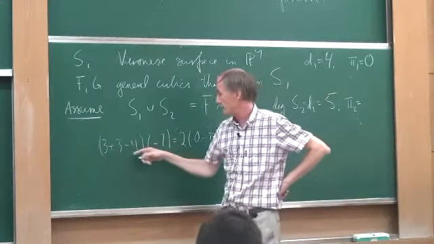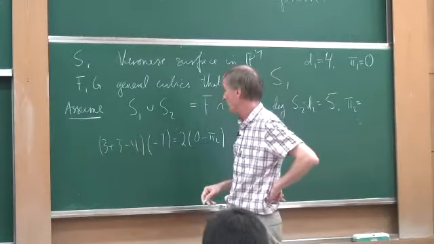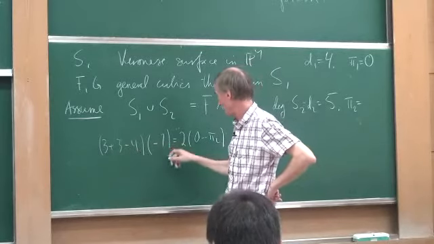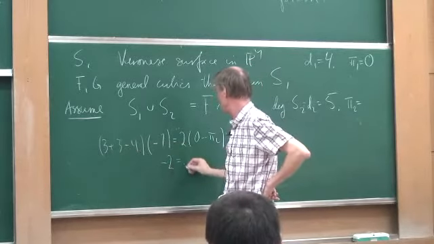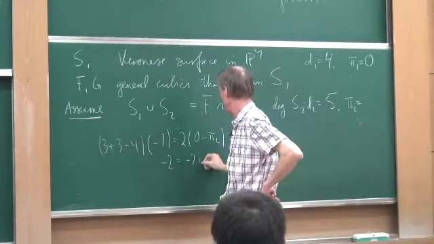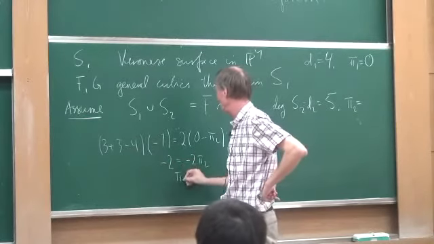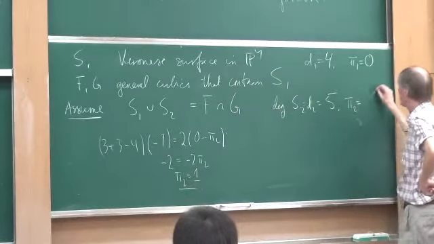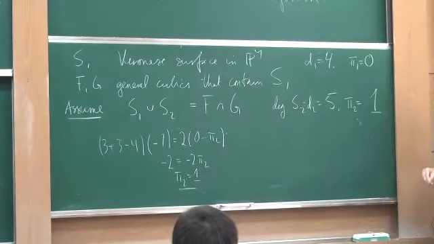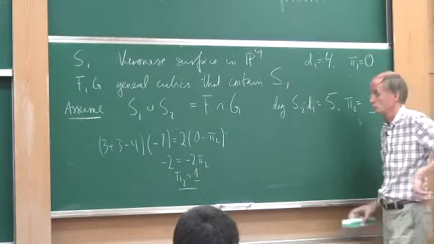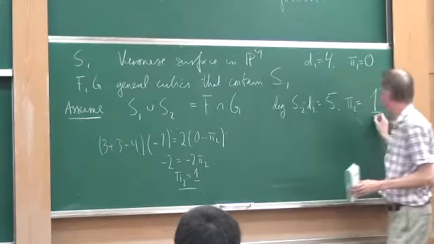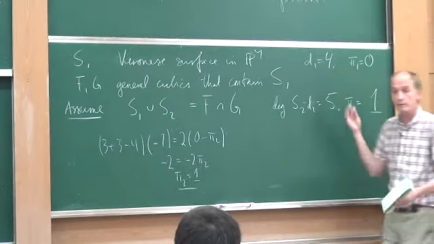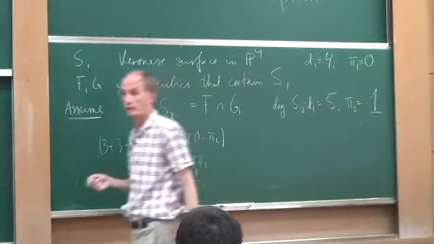So here I get 6 minus 4 is 2 times minus 1 is minus 2 is equal to minus 2 pi2. So pi2 is equal to 1. So I have a surface of degree 5 and genus 1.